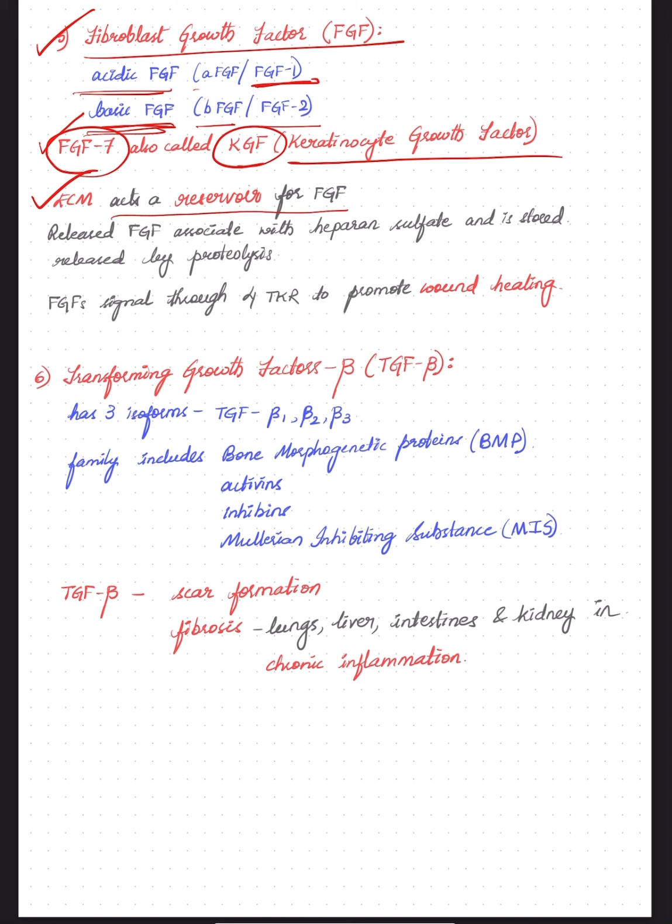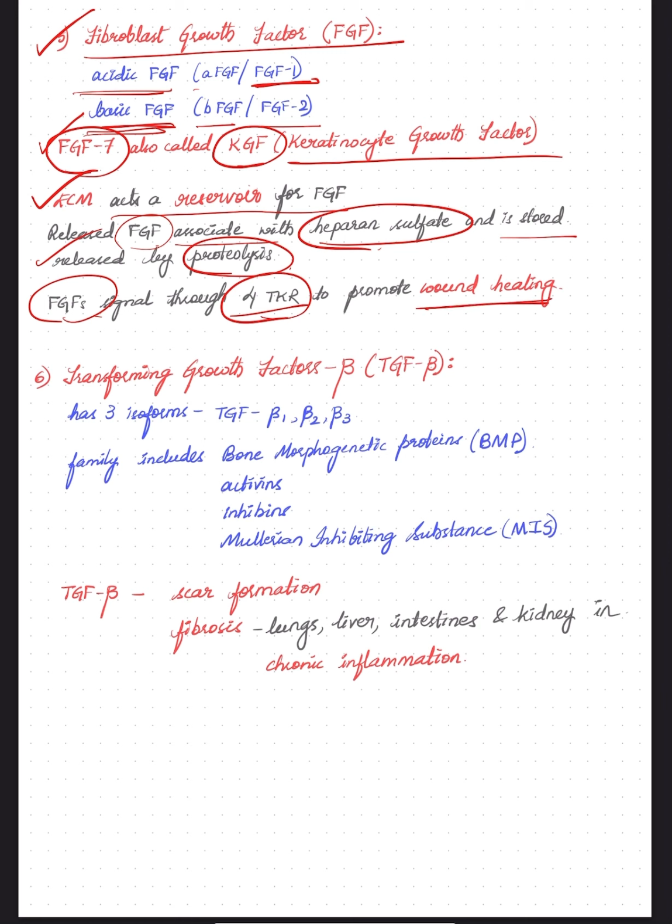As soon as FGFs are released, they associate with heparan sulfate present in the extracellular matrix and are stored there. They are released whenever required by proteolysis. FGFs signal through four tyrosine kinase receptors. They promote wound healing.